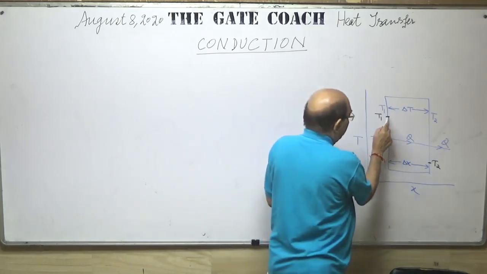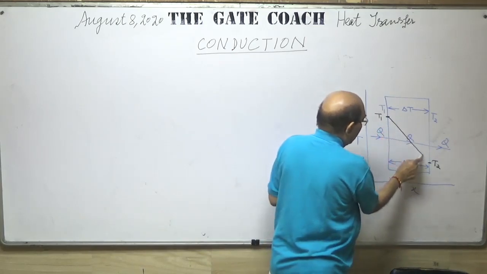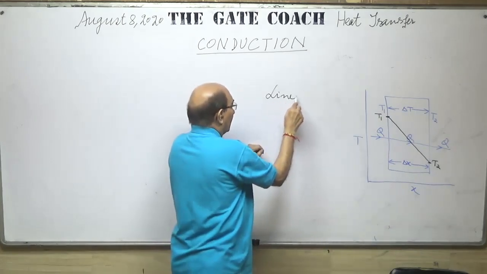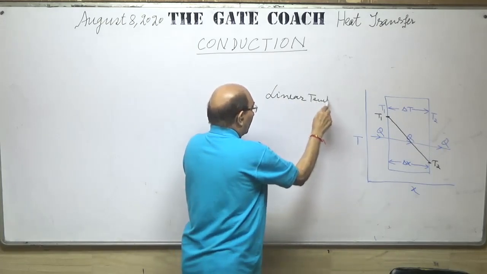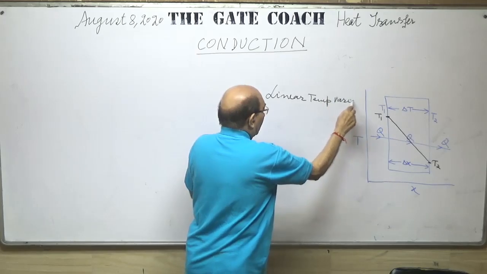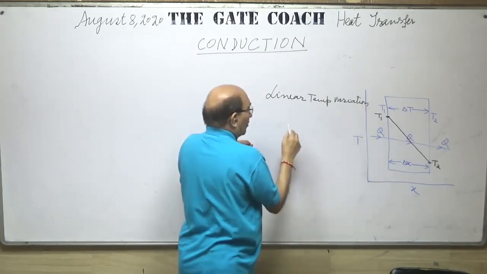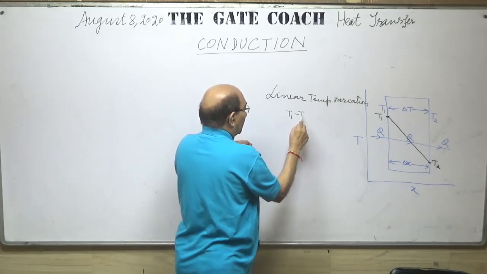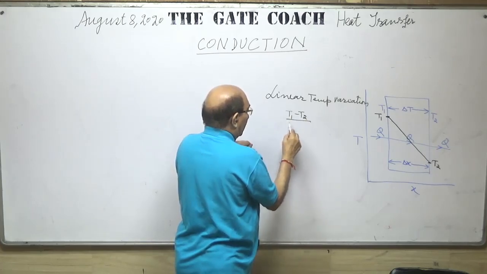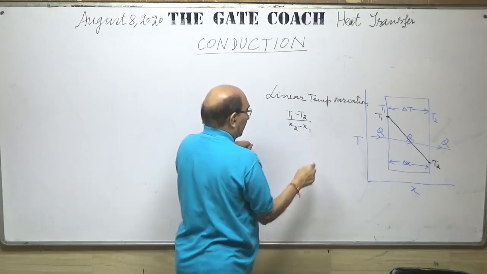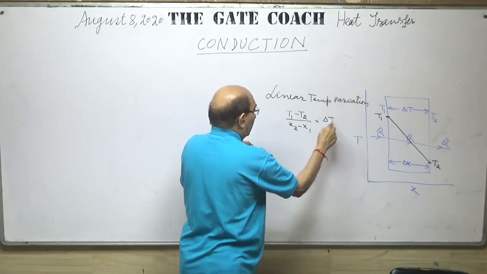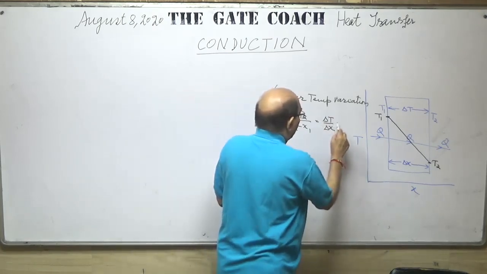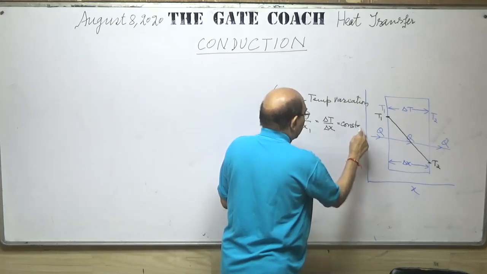This temperature variation is linear. That means T1 minus T2 upon X2 minus X1, or delta T upon delta X, remains constant.